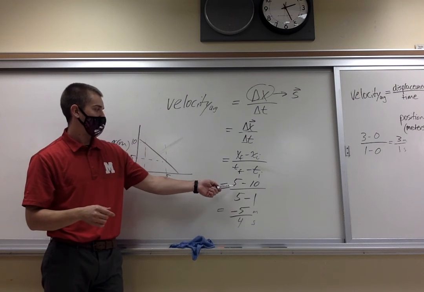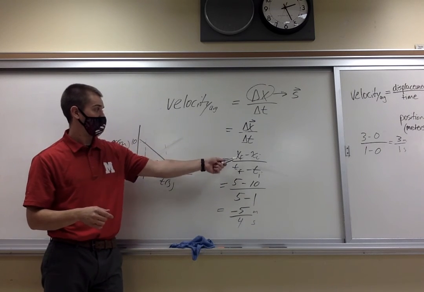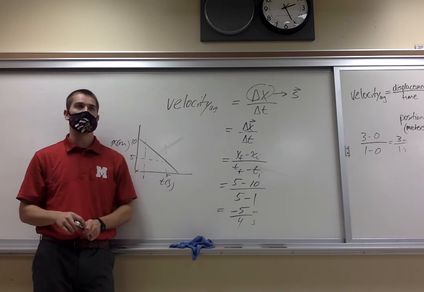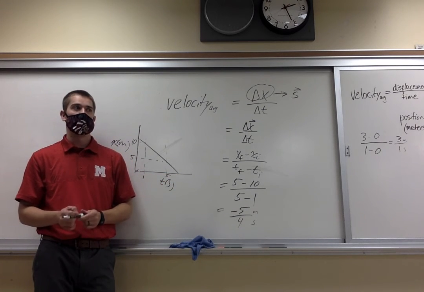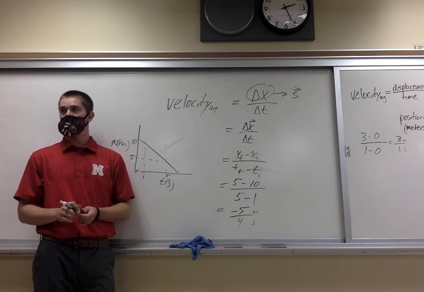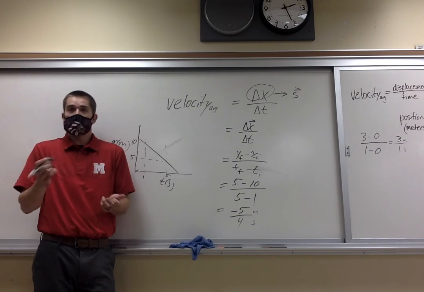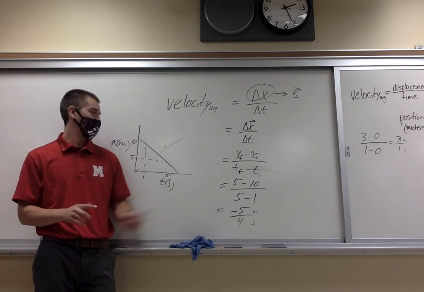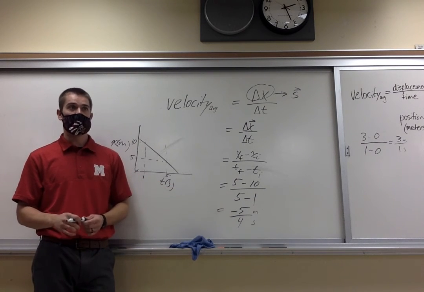When I found that my displacement, the change in position, was negative 5 meters, the negative is the direction. If I just wrote 5 meters, that's just a scalar. The negative indicates direction.